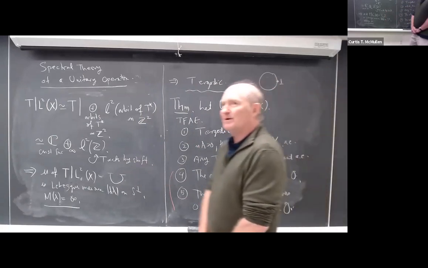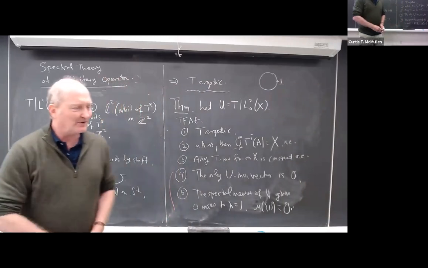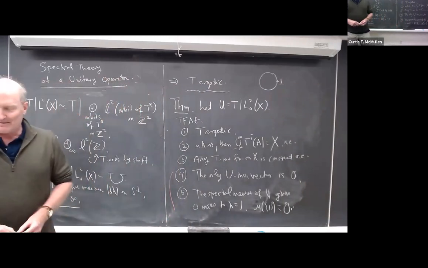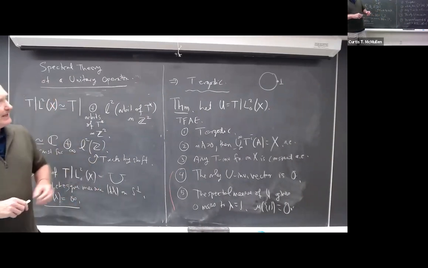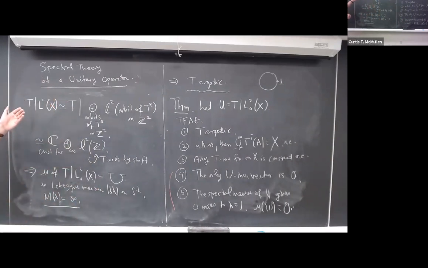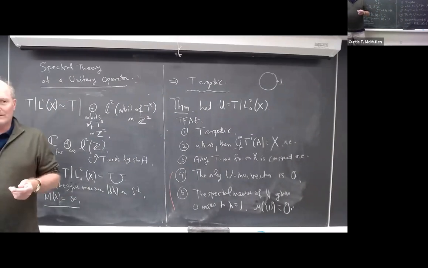Okay, so I'm going to pose a question for a breakout room, and before I do, let me ask a question of the audience at large. How are the eigenvalues of U related to the eigenvalues of U to the n?